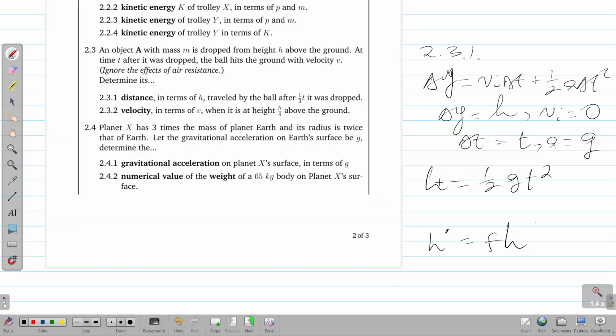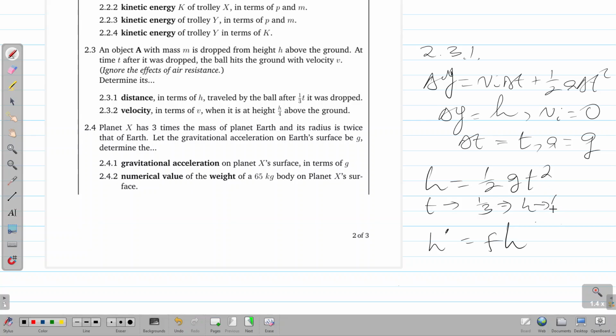When we look at this relationship that h is proportional to the square of t, then if you reduce t to a third, this means that your h is also going to be reduced by the square of that.